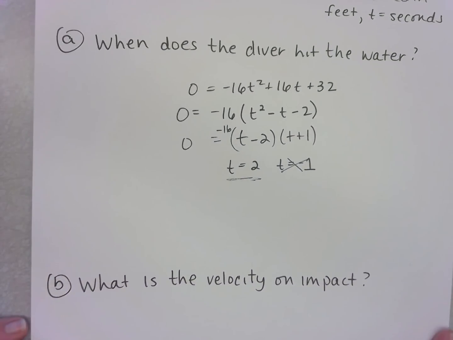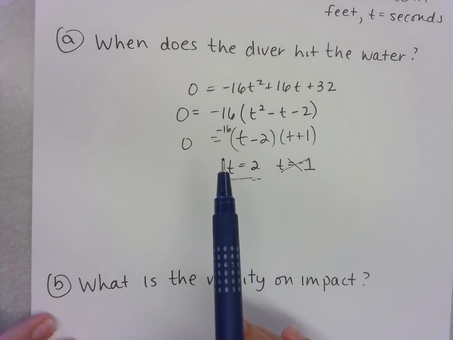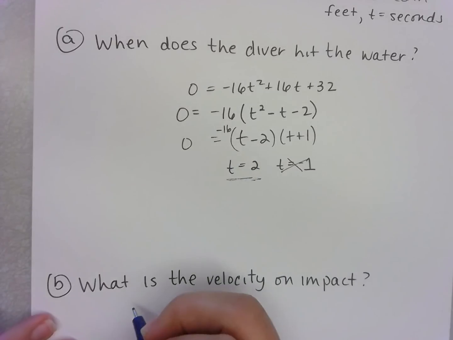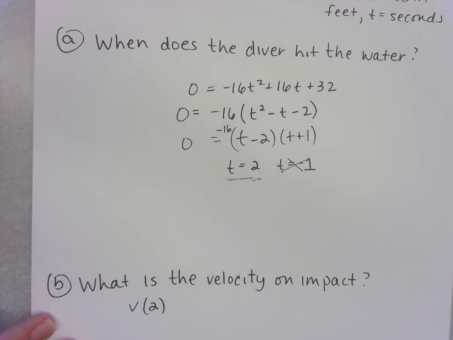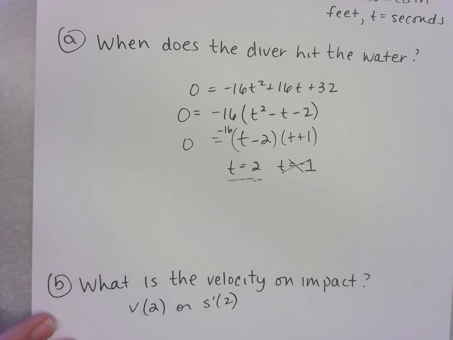Now we want to know, what is the velocity on impact? First of all, we need something to tell us what the velocity is, and we know that his impact is 2 seconds after he leaves. So what we're actually looking for is v of 2, or we could write it as s prime of 2, because the derivative of the position function is the same thing as the velocity.